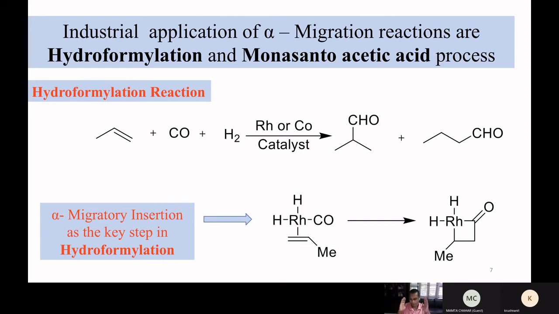So this is an exciting transformation once again. By taking three different gases, three different units put together, an olefin, carbon monoxide and hydrogen, you get an exciting product which has much higher value than these. These are the fine chemicals the industry needs. These are required for many pharmaceuticals and agrochemical preparations.